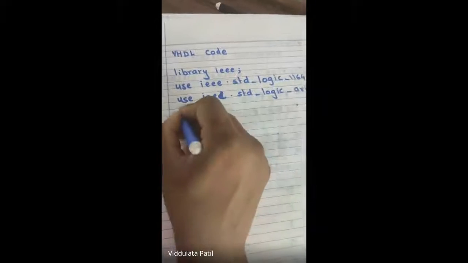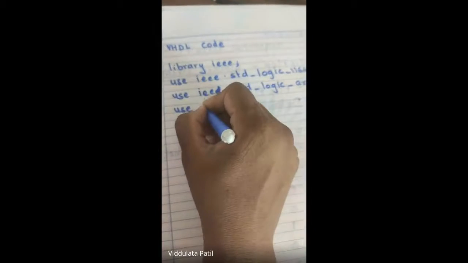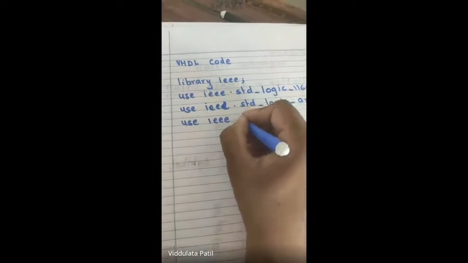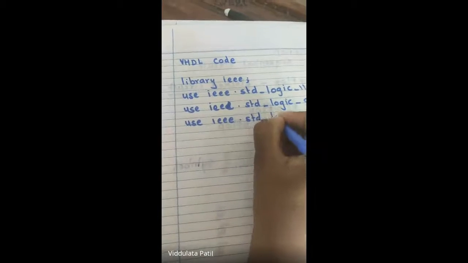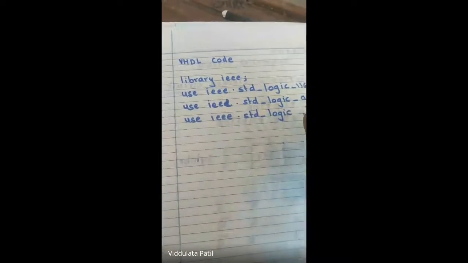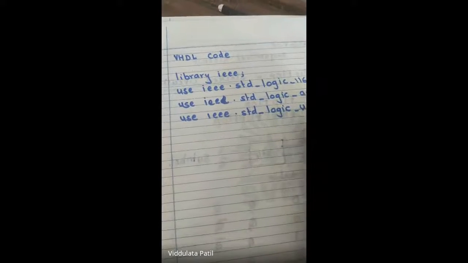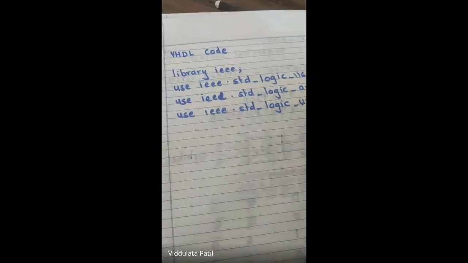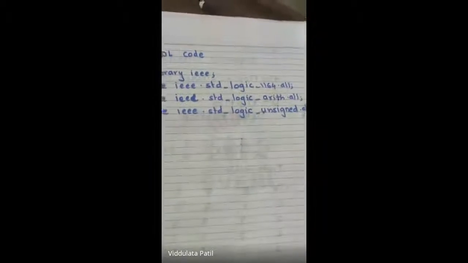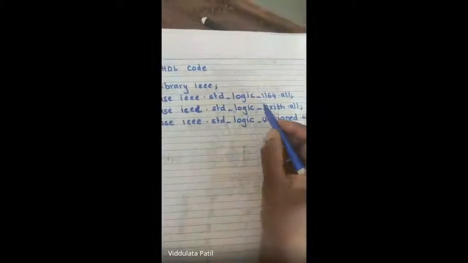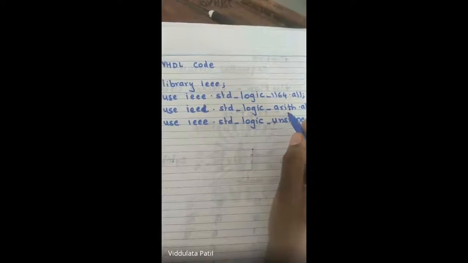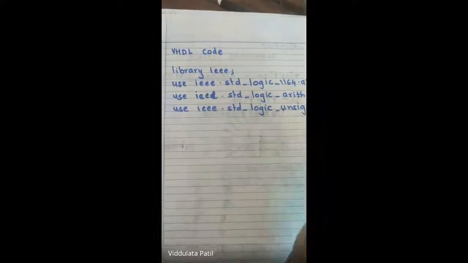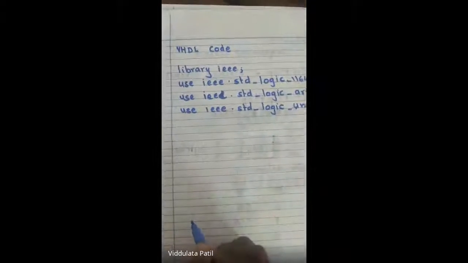This is one package, and another package, that is use IEEE dot std_logic_unsigned dot all semicolon. So we have added three packages here: the 1164 package, then the arith package and the unsigned package of this IEEE library.